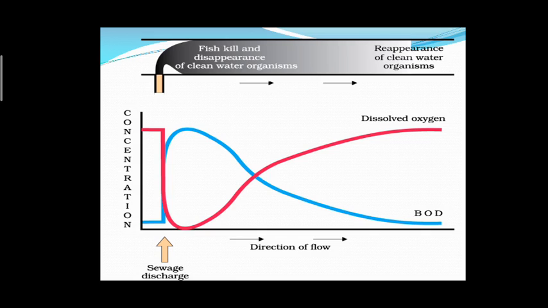And when the dissolved oxygen increases, the red line increases, the BOD decreases. Reappearance of clear water organisms can be seen from this graph. This indicates if BOD is greater, that means dissolved oxygen will be lesser.